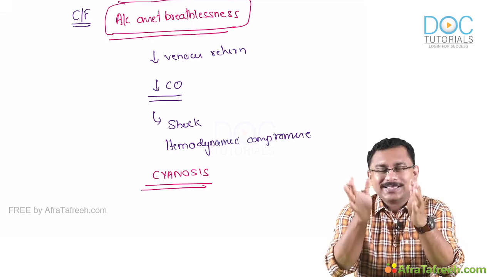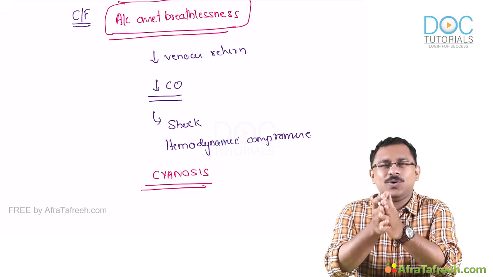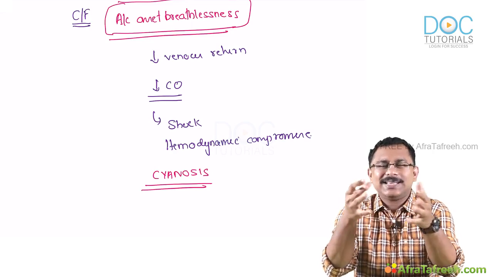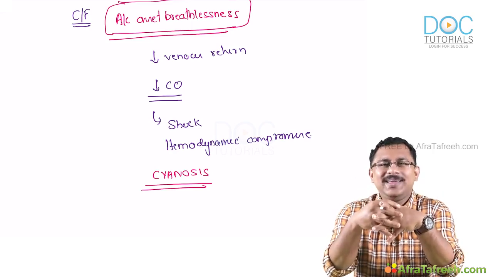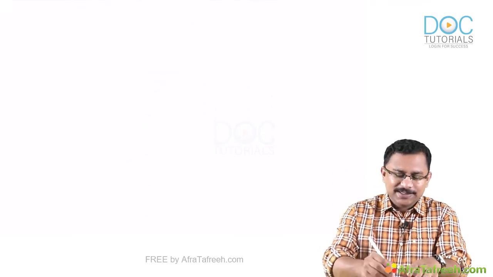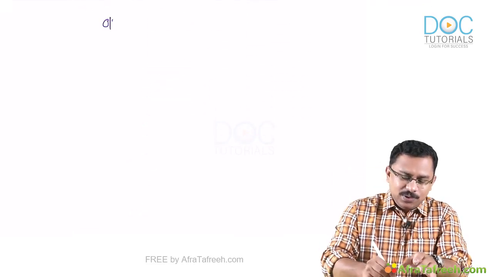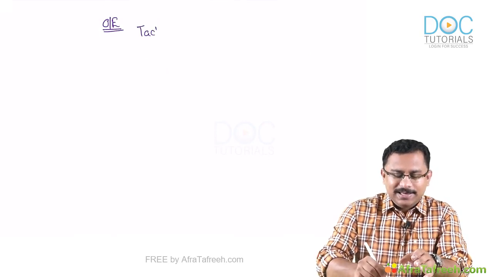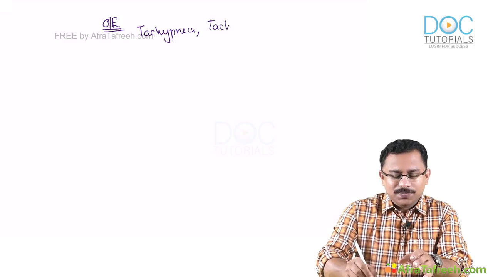So you have got to examine the patient properly, only then will you be able to diagnose. See, this is not a routine exacerbation of COPD, it is a pneumothorax that has developed. So let's see what the examination findings are. On examination, definitely the patient will be having tachypnea and even tachycardia.